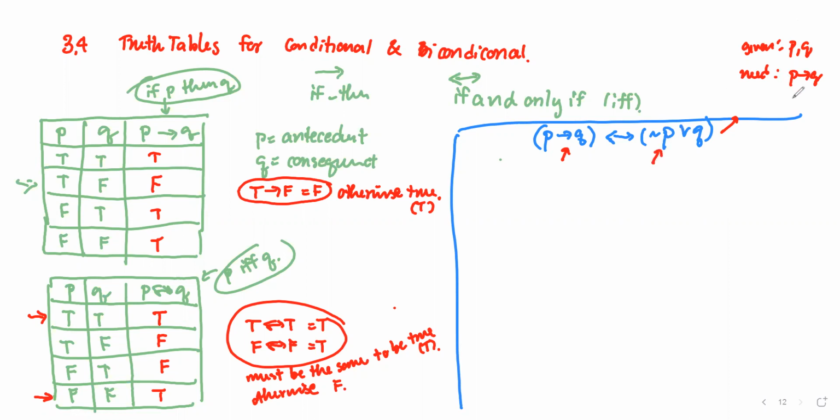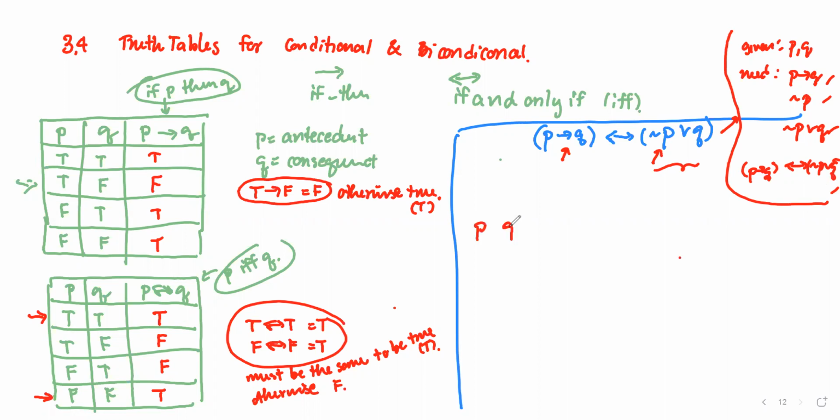And you're gonna need not P. You're gonna need the connective OR of the not P and Q. And then you're gonna need the last one, which is the compound statement that connects P then Q and not P or Q. So how many columns you're gonna need? Need 1, 2, 3, 4. 4 extra columns.